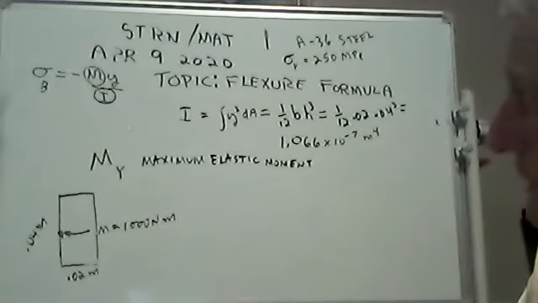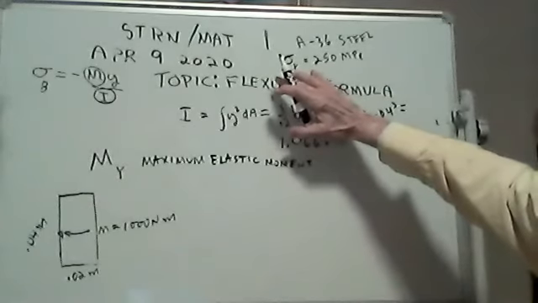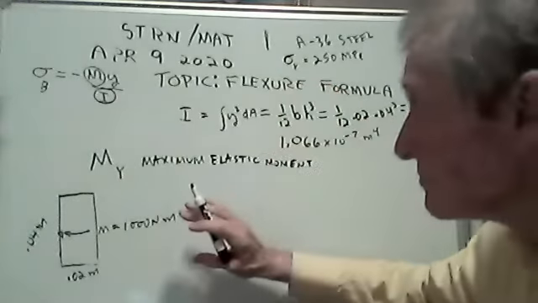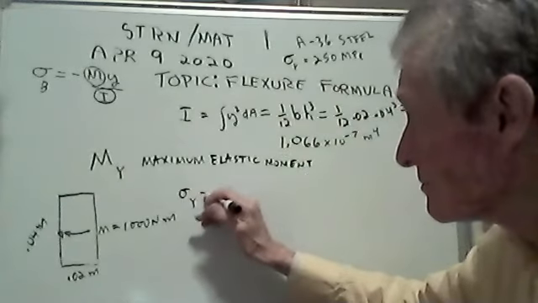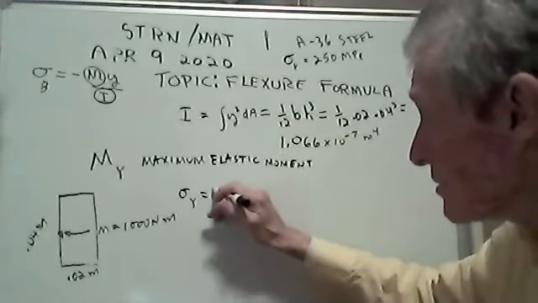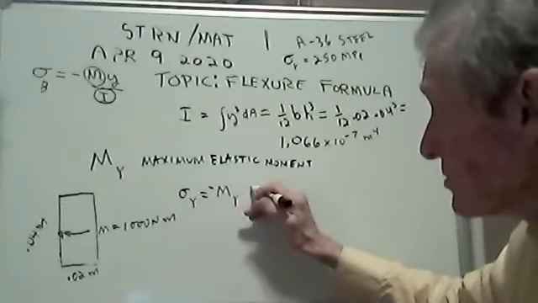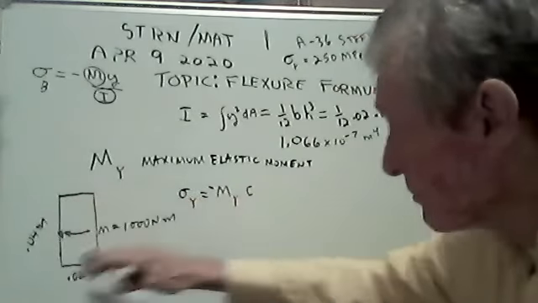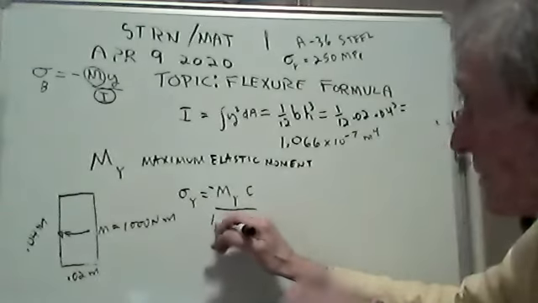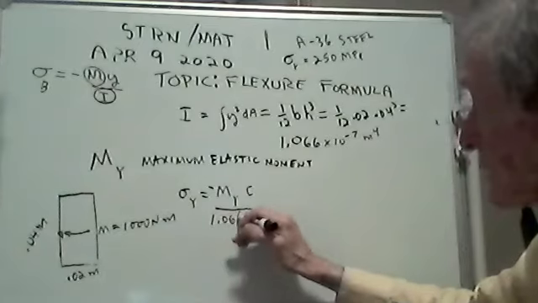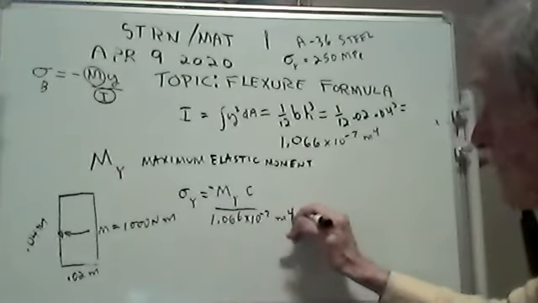Well, here's how you can get it. If you go to your yield stress and you set that into that equation there, then I know there's a minus sign. Then you'll get your maximum elastic moment. But instead of y, you're going to have to go all the way to the top or bottom and divide by I, which we know is 1.066 × 10 to the minus 7 meters to the fourth.